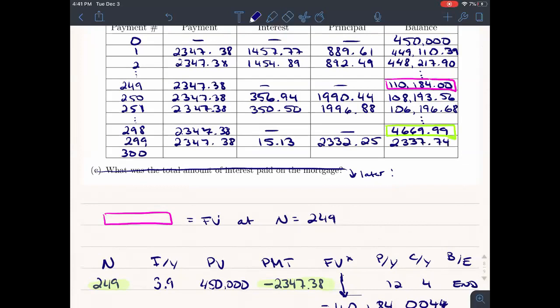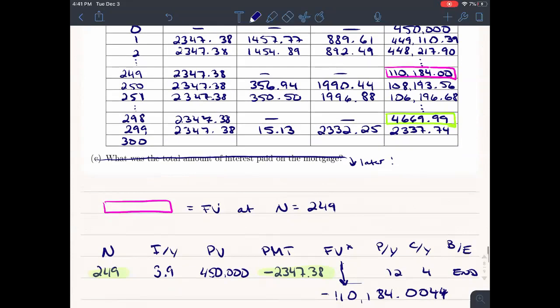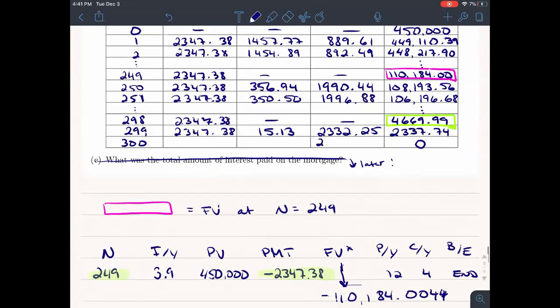Here's where things get a little bit different, because this is our last payment. We don't have any more chances to pay this off, right? And so this balance has to be 0, which means that this amount has to be this amount in order for this to be 0. So we have to force that to happen here, and we write 2337.74. But we also have to pay interest on that.